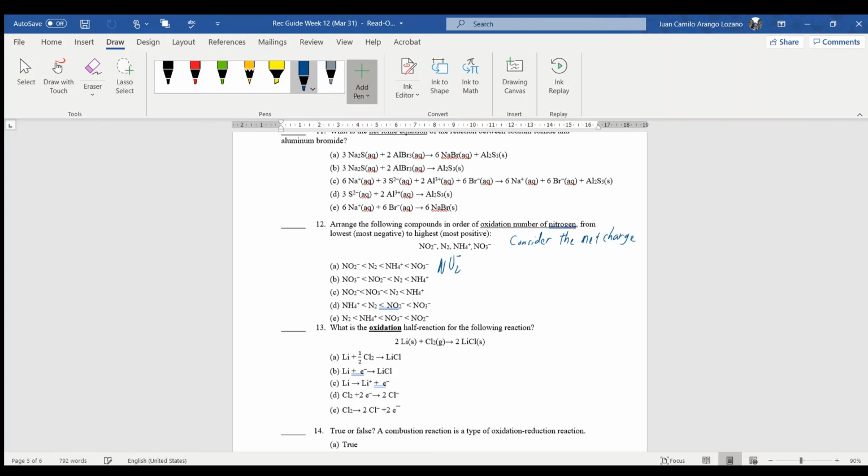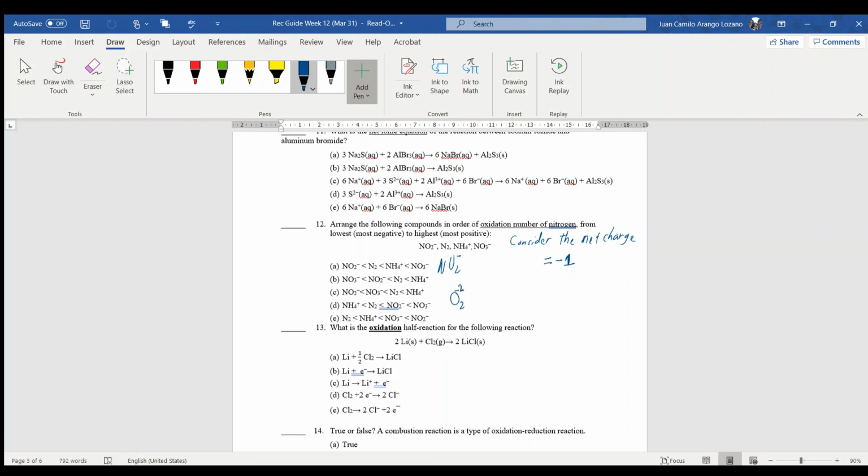If I have NO2 and it has a charge of -1, that means that in this case the net charge equals -1. So all my math needs to consider that in the end my outcome needs to be equal to -1. If you recall, oxygen always has a charge of -2. We have seen that a few times before.